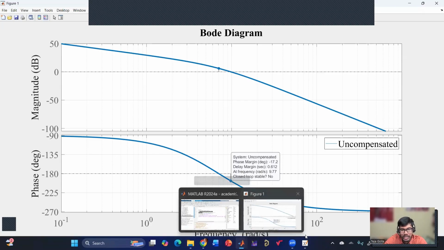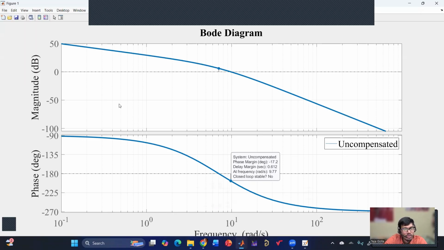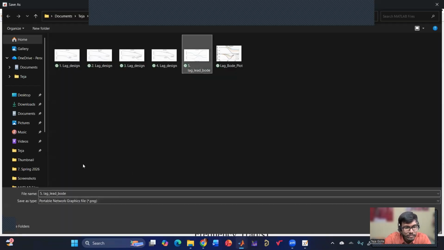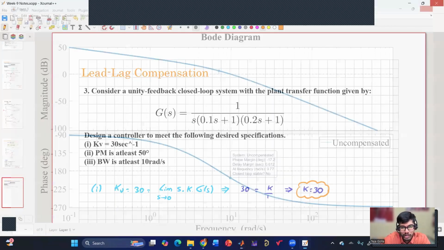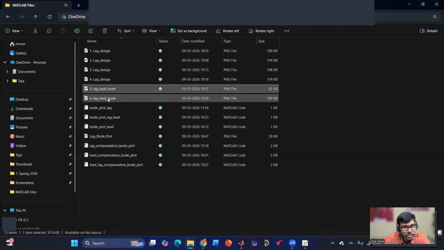I am considering the minus 17.2, and I will add this also in the notes so that anyone who is going through the video later will benefit from it. So let me save the plot.